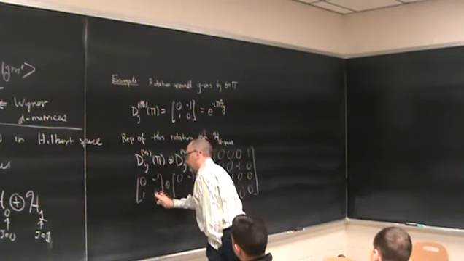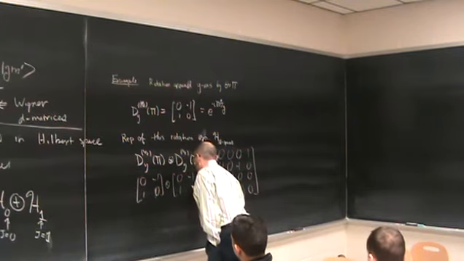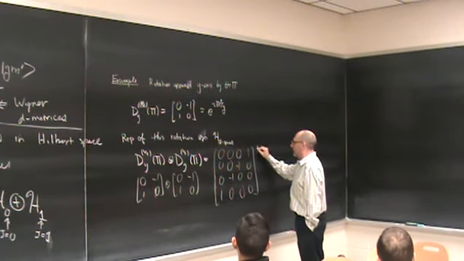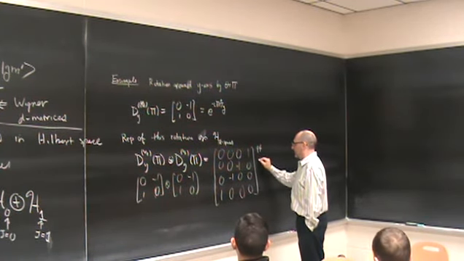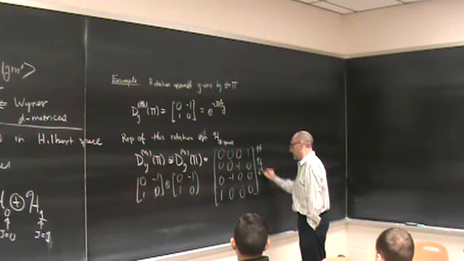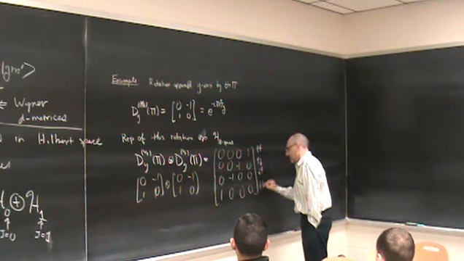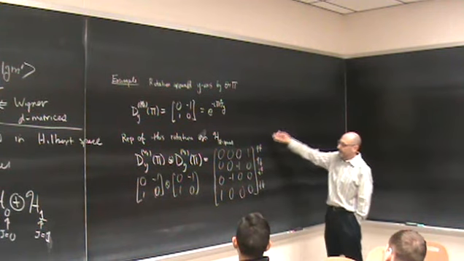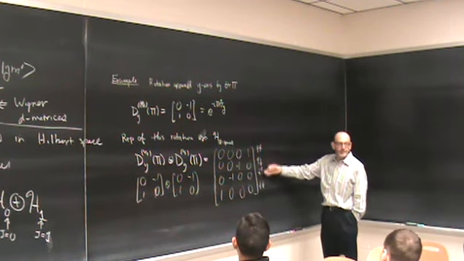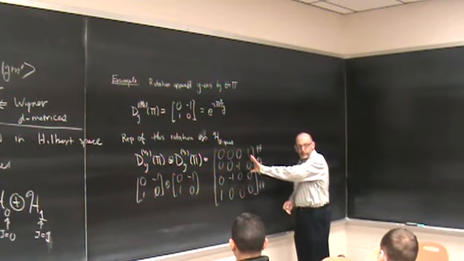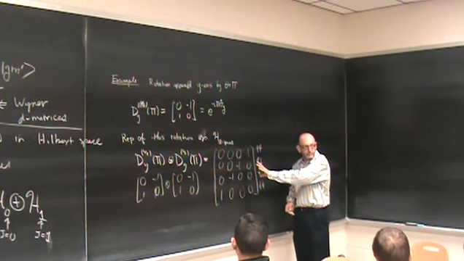So this 4 by 4 matrix is in the basis up up, the tensor product of the two bases, up down, down up, and down down. If I take an arbitrary vector in the Hilbert space and write it as some superposition of these states, then this matrix applied to it gives us the rotated state.